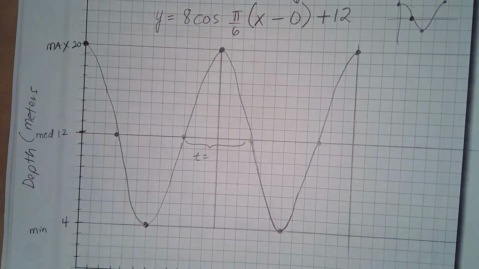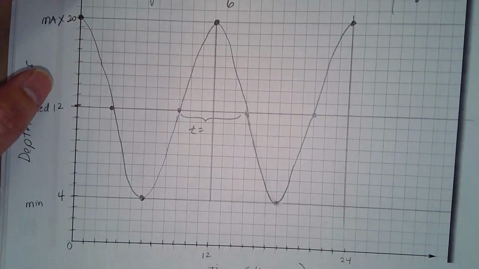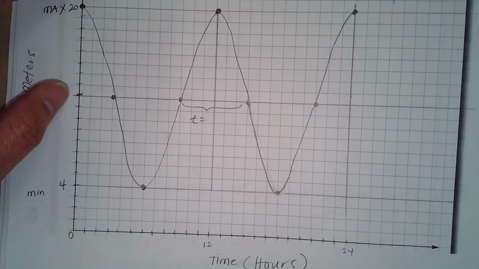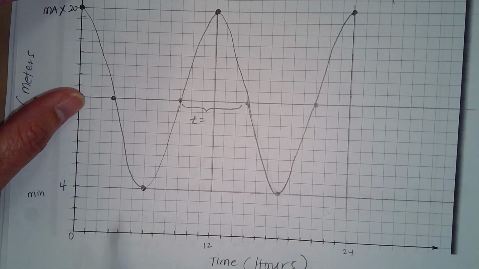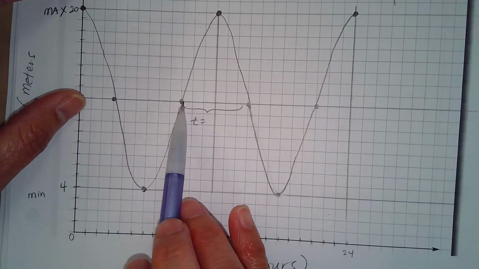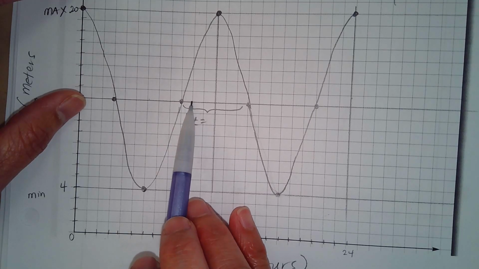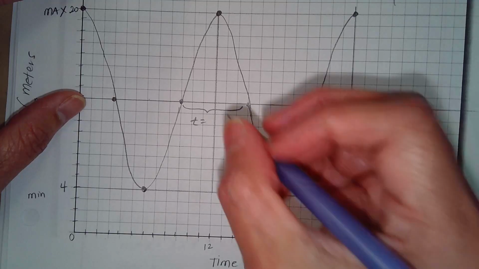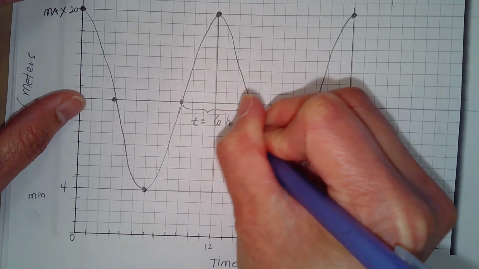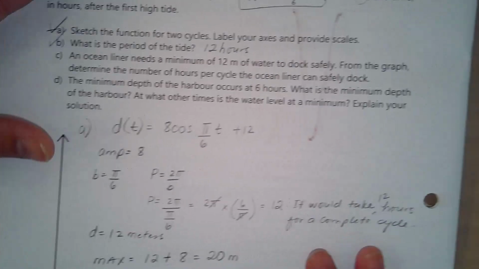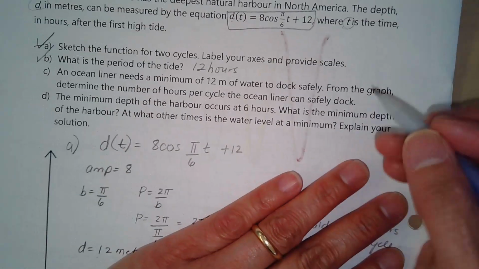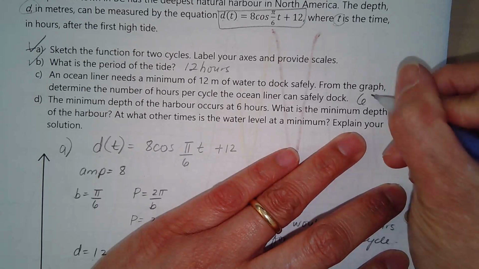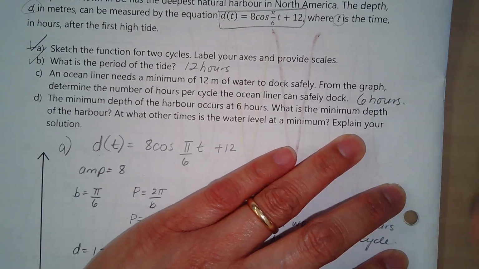How long is it able to dock safely? 6 hours, you said? Yes, 6 hours, because we can count here: 1, 2, 3, 4, 5, 6. It takes about 6 hours to dock safely. So I'll go back to this page and put 6 hours.